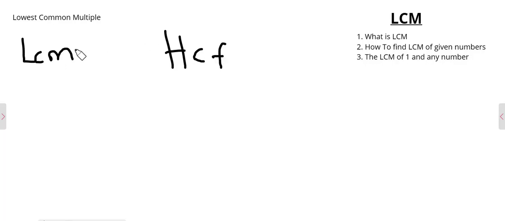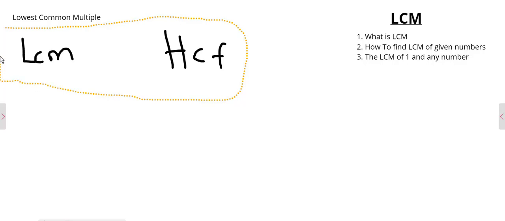LCM stands for the lowest common multiple. HCF stands for the highest common factor. I know HCF is not our topic for discussion, but I just decided to jog your memory so we are all on the same page.